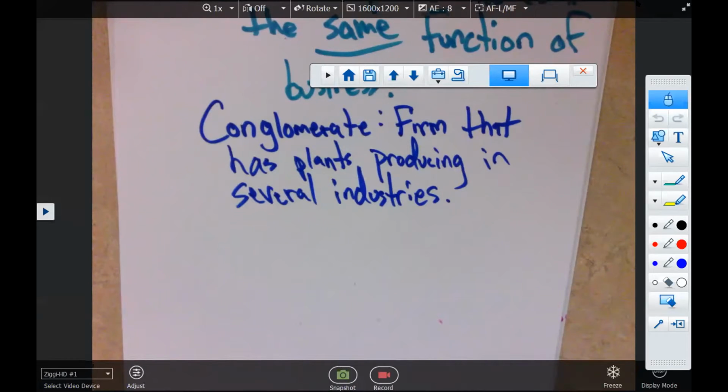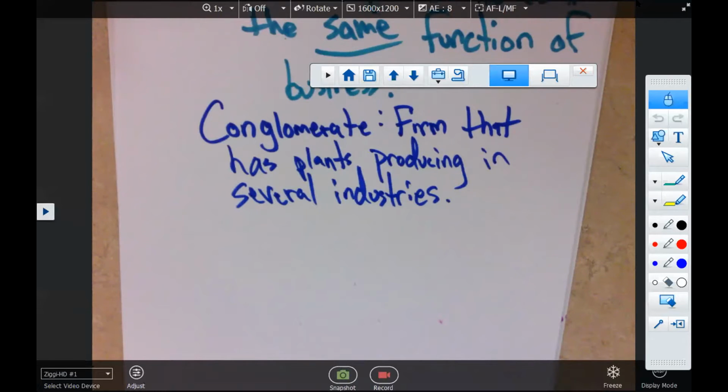Yeah, exactly. Very good. Okay, so I'm trying to think. Plants producing several industries. I mean, P&G is a conglomerate because they're not just in healthcare.